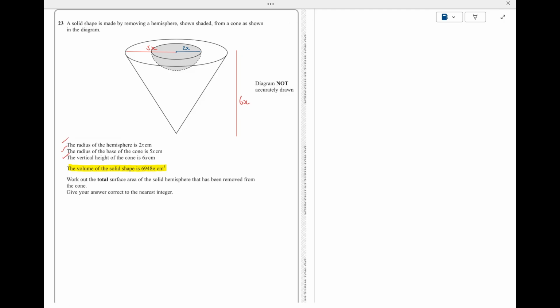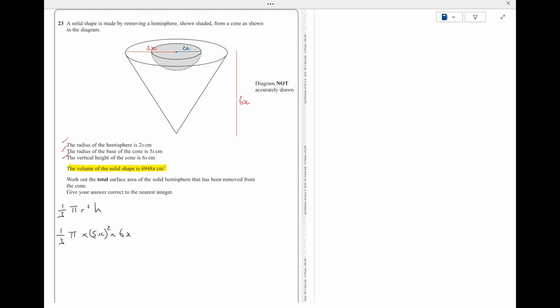Right, well, the volume of the solid shape will be the volume of the cone, which is 1/3 pi r squared h. Now that's the volume of the cone. So what's the radius of the cone? It's 5x, isn't it? So that's going to be 1/3 times pi times 5x squared times 6x.